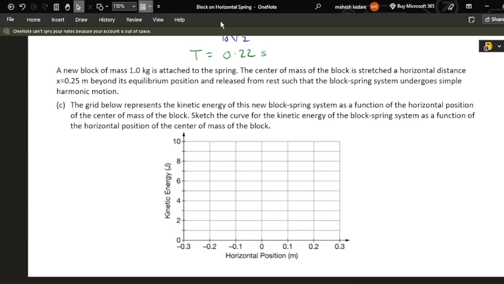We have calculated already the potential energy in the previous example. The potential energy was calculated at a maximum distance of 0.25 meter, which is the same in the present case also. Potential energy at maximum distance is the maximum potential energy, and kinetic energy there is 0. So potential energy at a maximum distance is simply the total energy because kinetic energy there is 0.